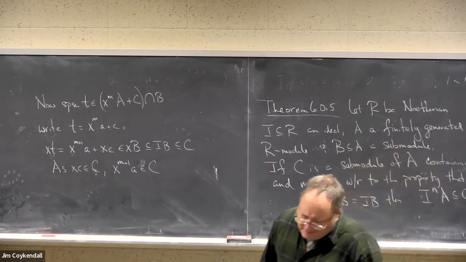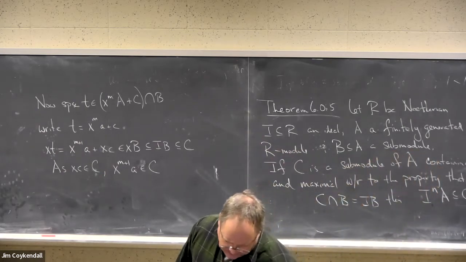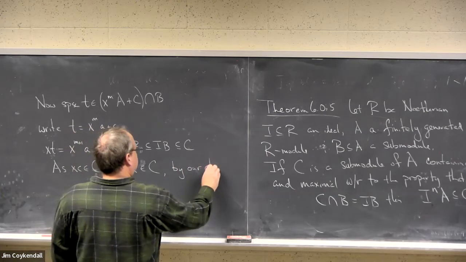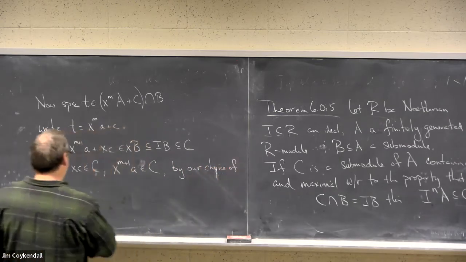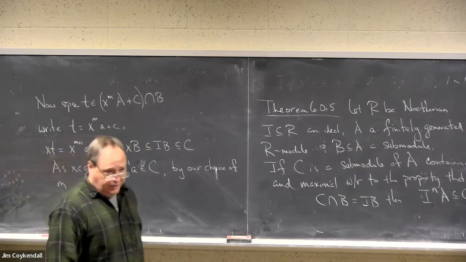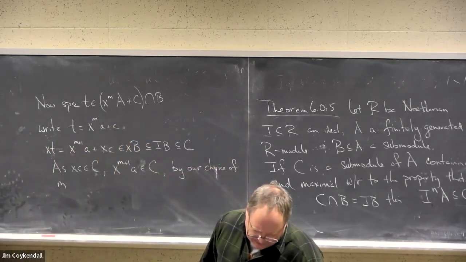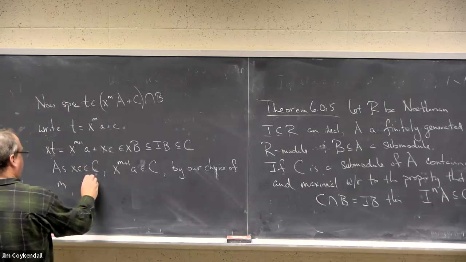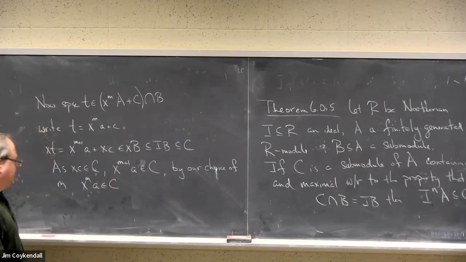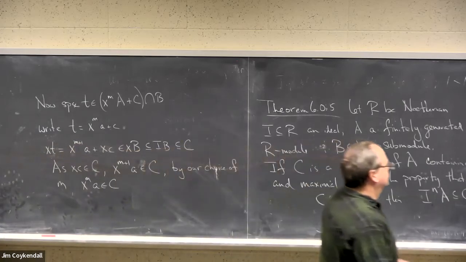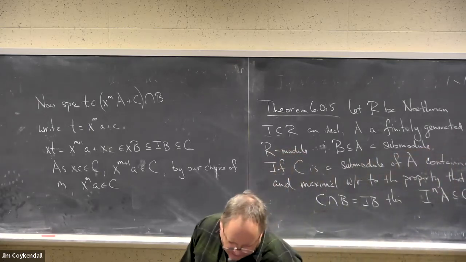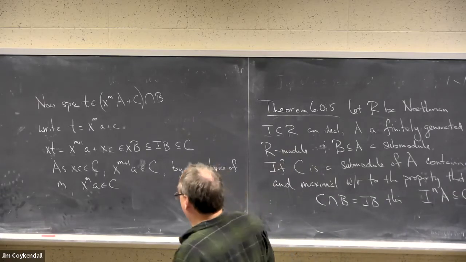And so what does this mean? Our choice of M being the stabilization. This means that X to the M times A is in C. And so if X to the M times A is in C, this means that T, where was T?